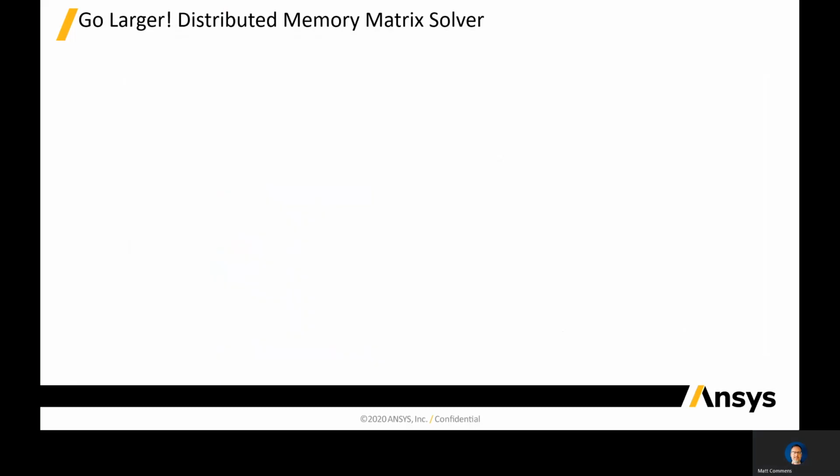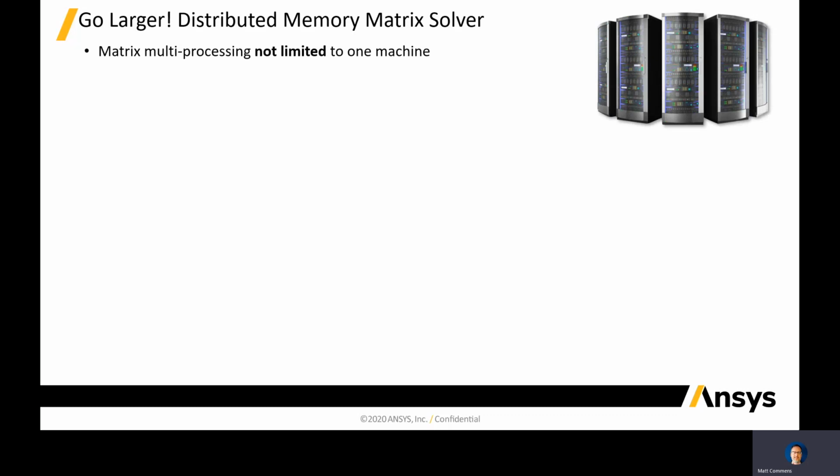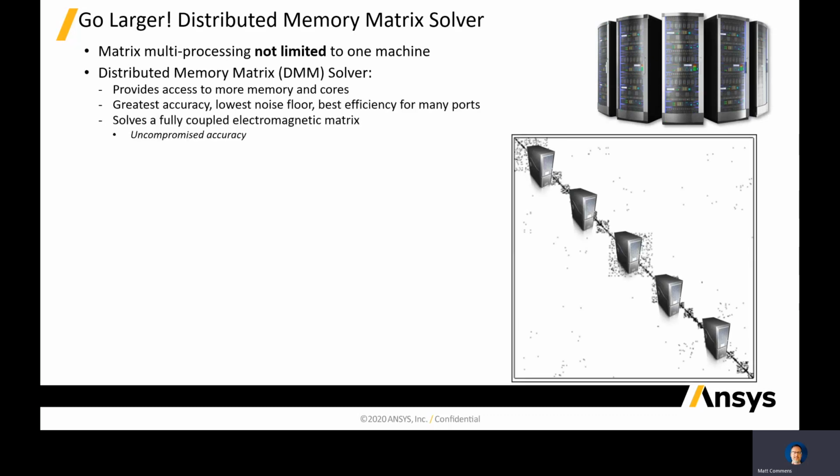Now, we can go larger. We're not limited to memory on a single computer to use HFSS and solve in multiple processors. There's a technology called distributed memory matrix solving that allows us to use the same matrix solver from HFSS and not be limited to one machine. And the virtue of this technology, this distributed memory matrix solver, is we can now access more memory and more cores on network machines.